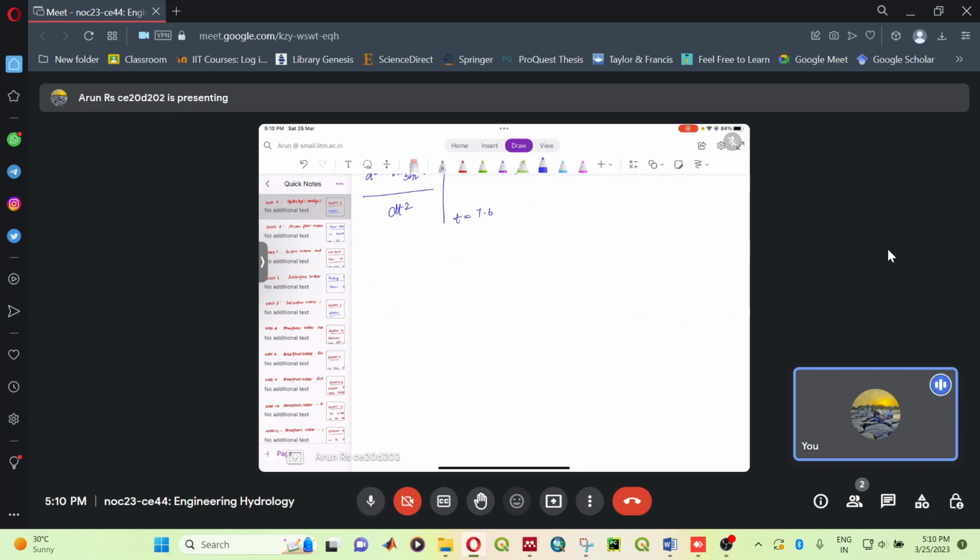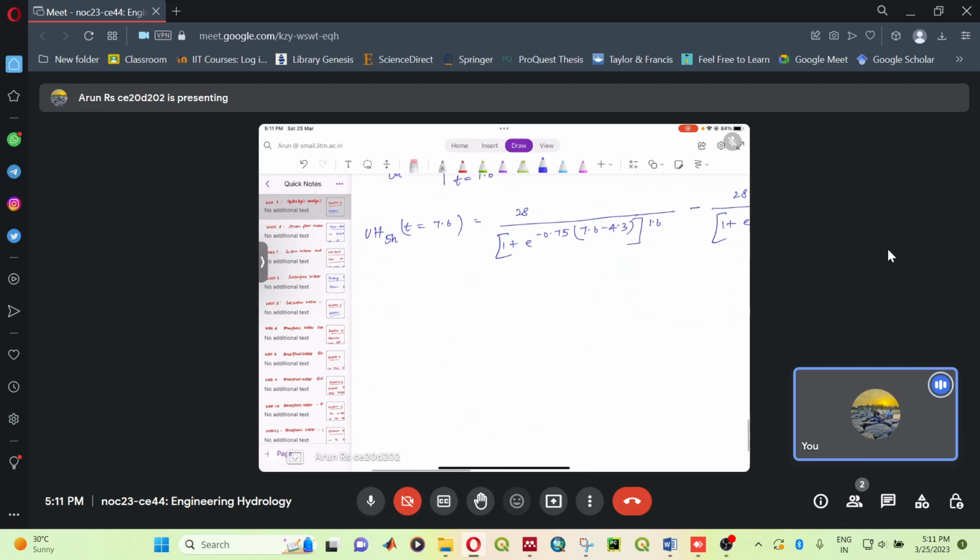So now we can obtain the peak of the unit hydrograph. Unit hydrograph 5 hours, t is equal to 7.6, which is equal to 22.15 meter cube per second per centimeter.